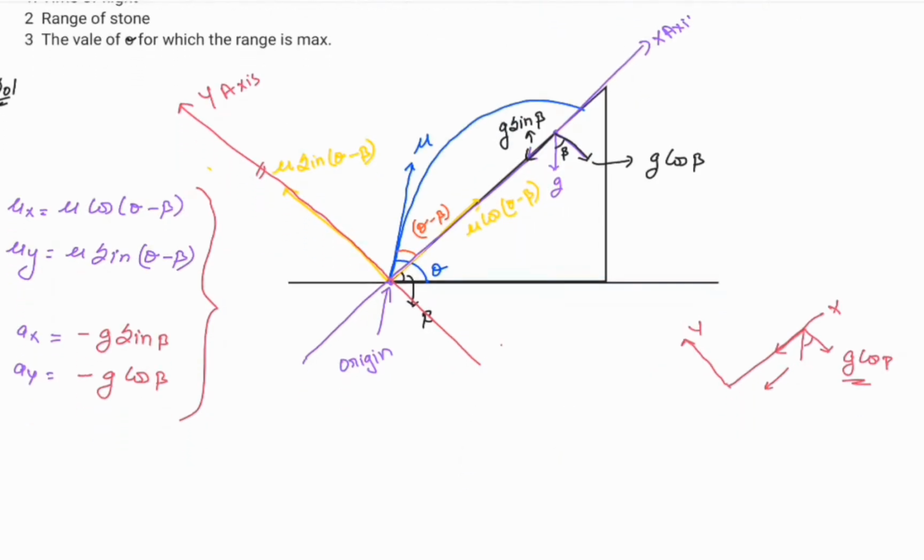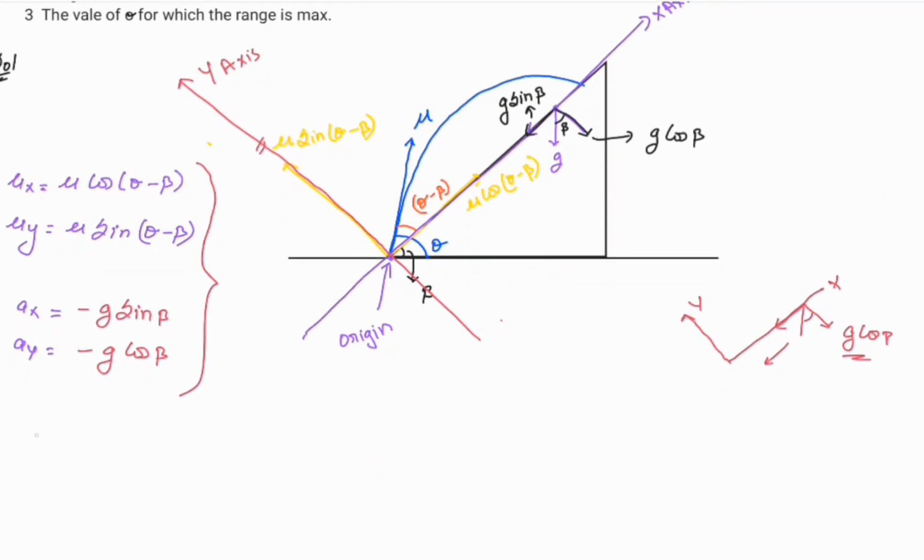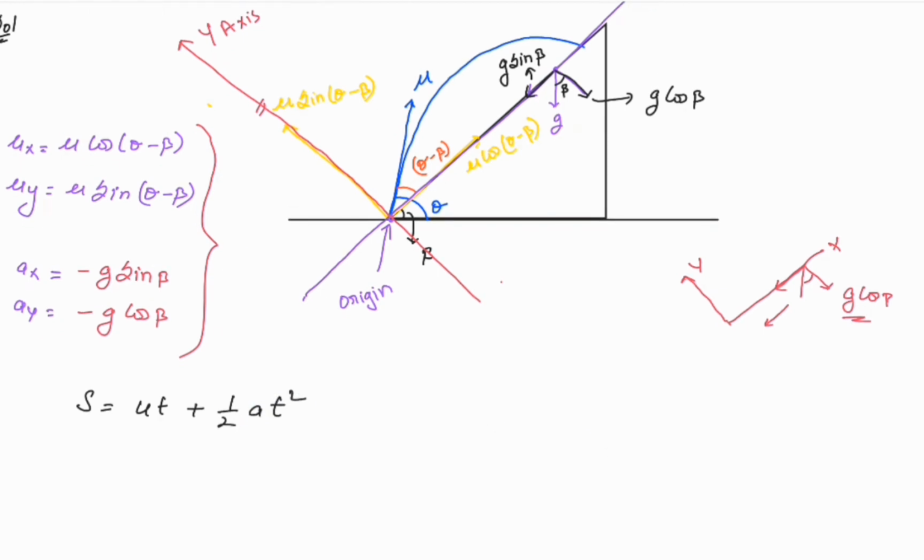Okay, the same, how to calculate the time? To calculate the time of flight, we use the second equation of vertical motion. S of y will be equal to how much? S is going to be ut plus half of at square, straight line motion.